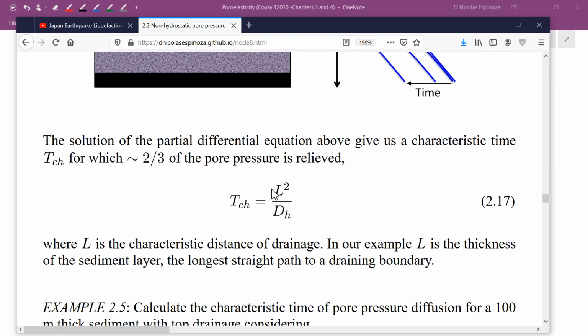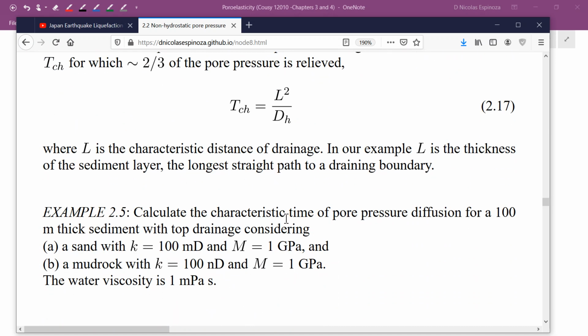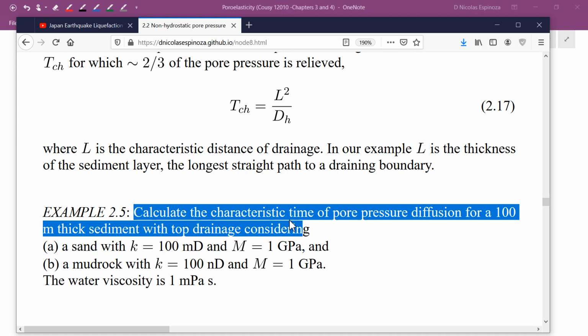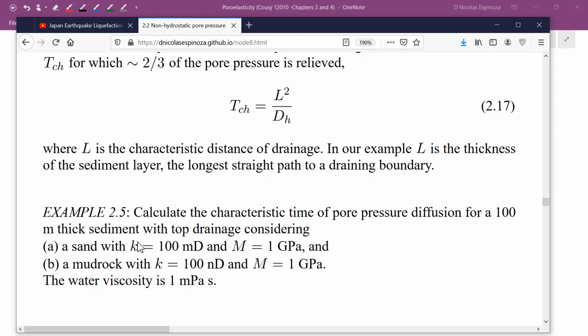Okay, we have seen the equation for the characteristic time. So let's try to think about this question.